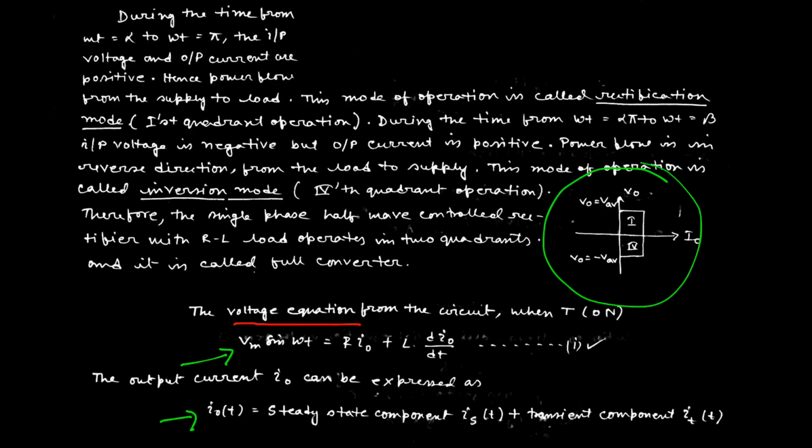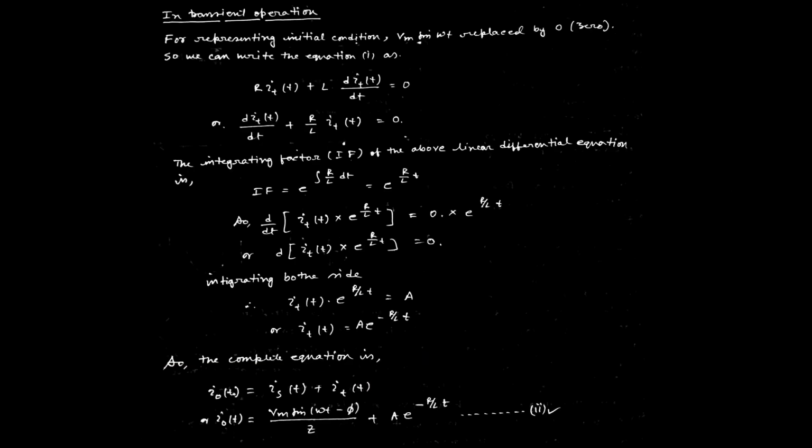So we can write, at the initial condition, we can replace Vm sin omega t by 0, and we can write equation 1 as i into R, we assume i_t is the transient current, plus L di_t/dt equal to 0.